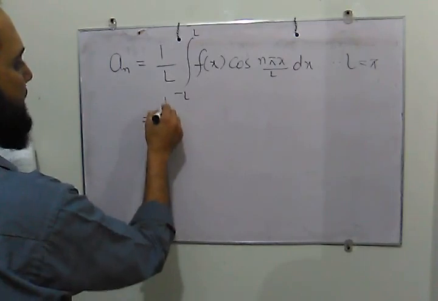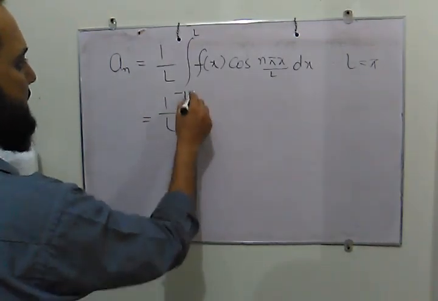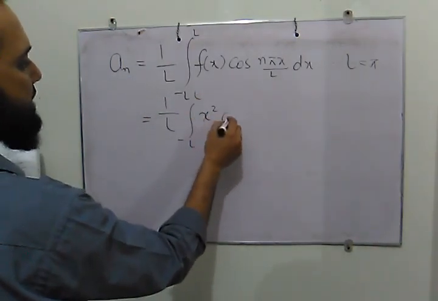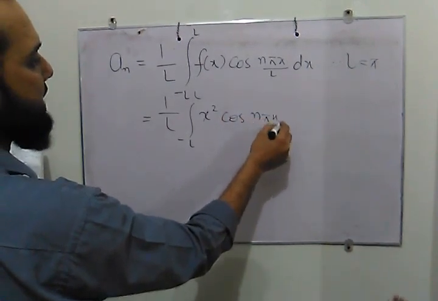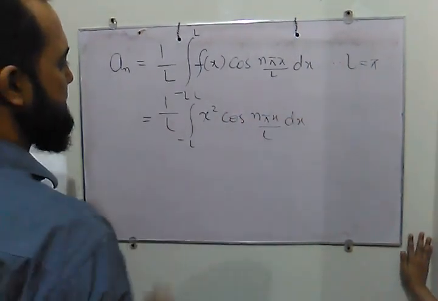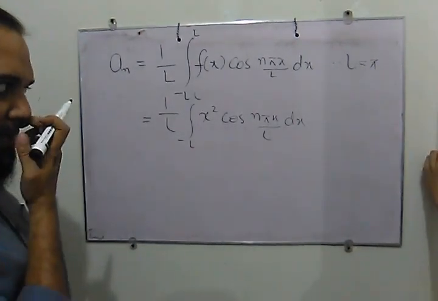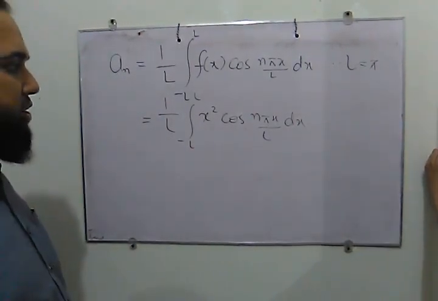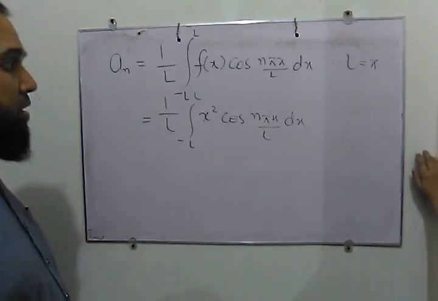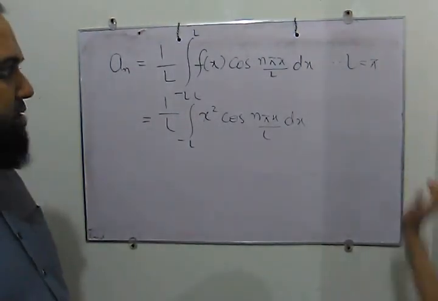I put the value of x square, this becomes integral from minus L to L of x square cos n pi x upon L dx. Now we can solve it using the Leibniz integral method, using the substitution by parts.